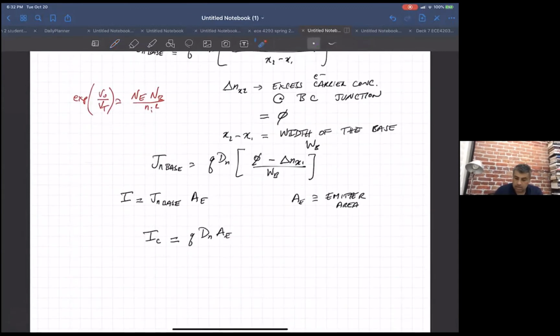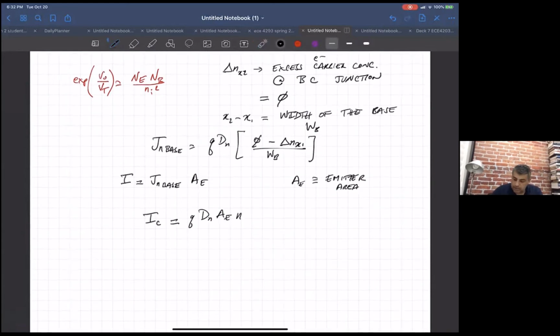And get Ni squared over WB times n sub B, times the exponential of VBE over Vt minus 1.